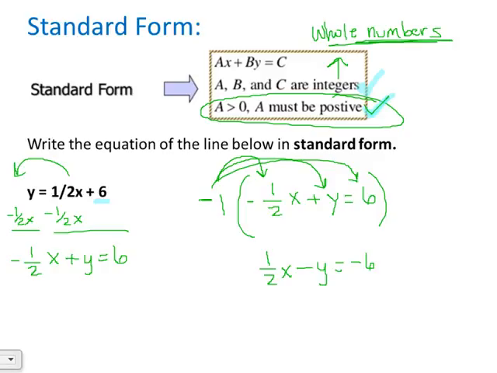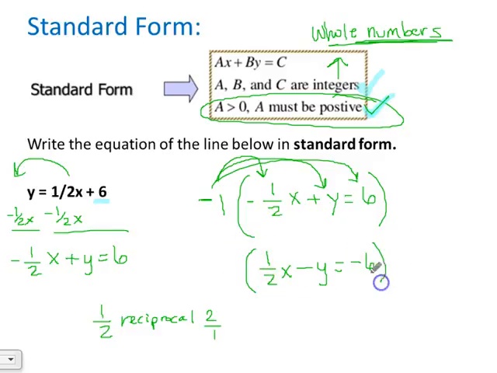The quickest way to do that is to multiply the entire equation by the reciprocal of the fraction. Remember, reciprocal is just flipping a fraction upside down. So the reciprocal of 1/2 would be 2/1.